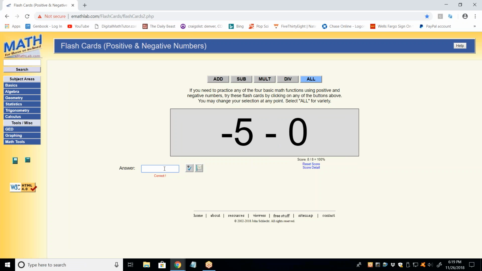What's this? No, if you start with 3 cows and you give none of them away, how many cows do you have left? 3. Okay, so if you start with -5 and you give none of them away, what do you have left? Nope. -5. When you subtract 0 from any number, you've got the original number.